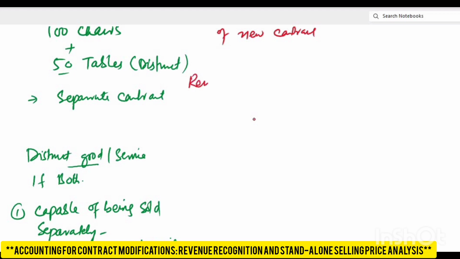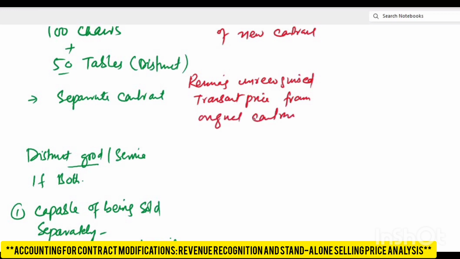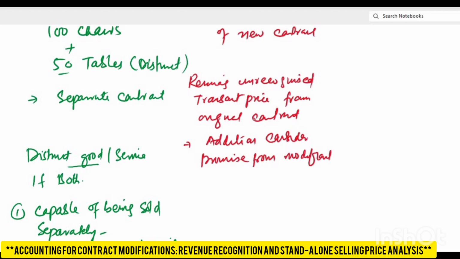The new contract will be measured using the remaining unrecognized transaction price from the original contract, and additional consideration promised from the modification, after modification.